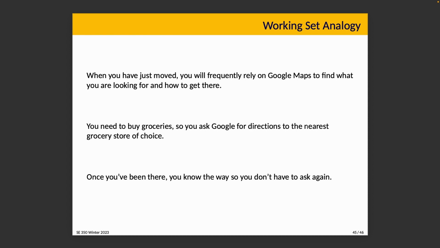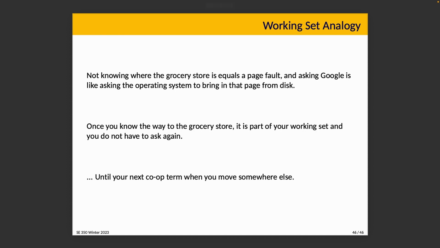When you came to university, you probably didn't know off the cuff where any of the buildings were, but okay, now I know where's E5, where's STC, where's E7, where's PAC. All those things you learn and you add them to your working set, and when they're in your working set, you don't have to look it up every single time. And so this is fairly convenient, right? And you don't have to ask again.